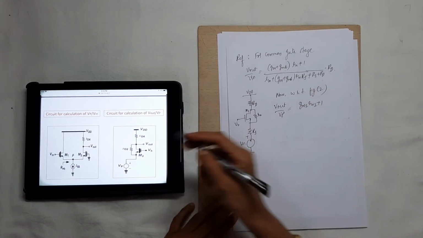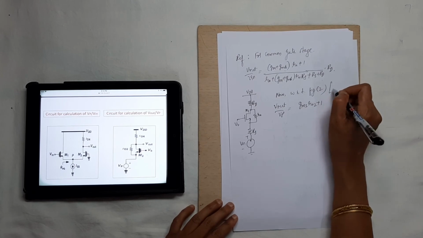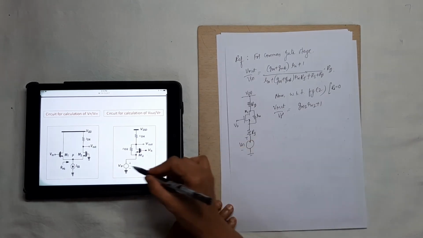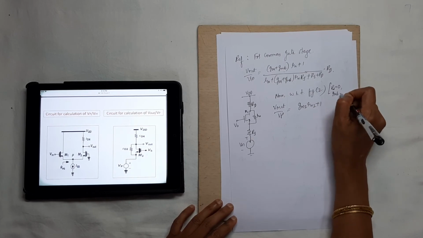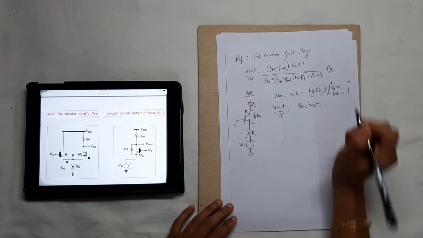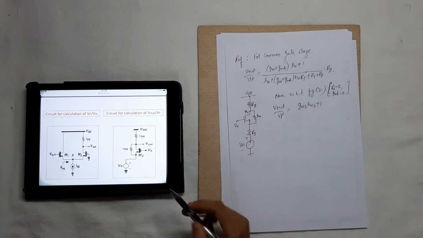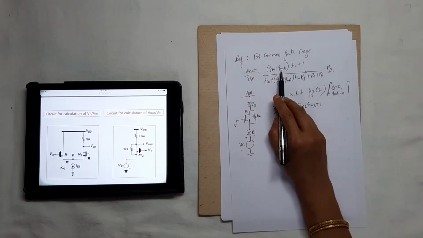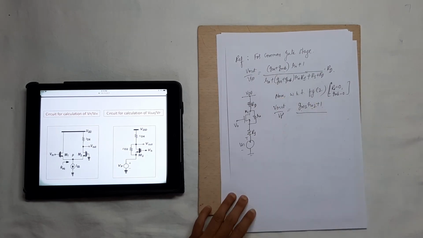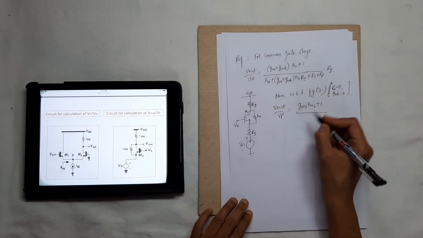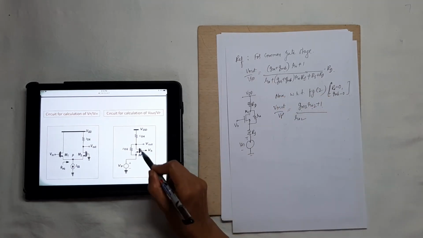See, in this particular figure, Rs is equal to 0, there is no Rs here, and also Gmb is equal to 0. We are using these two to write the expression for the circuit. Therefore Gmb is 0, we have only Gm2 Ro2 plus 1 divided by Ro2, with respect to the second transistor.